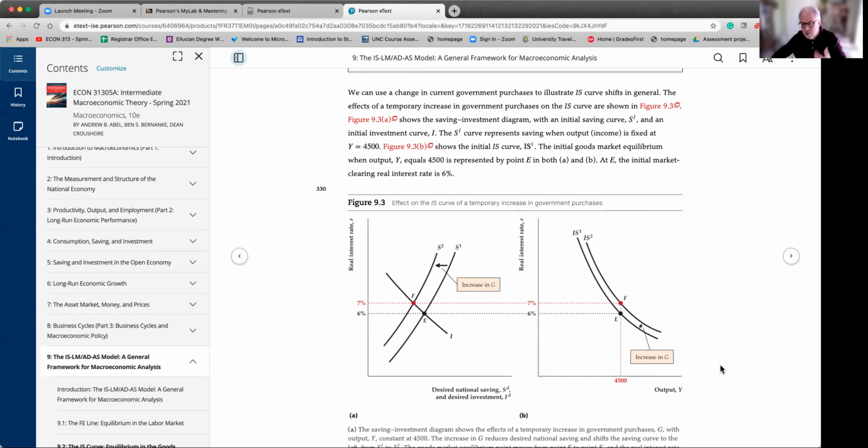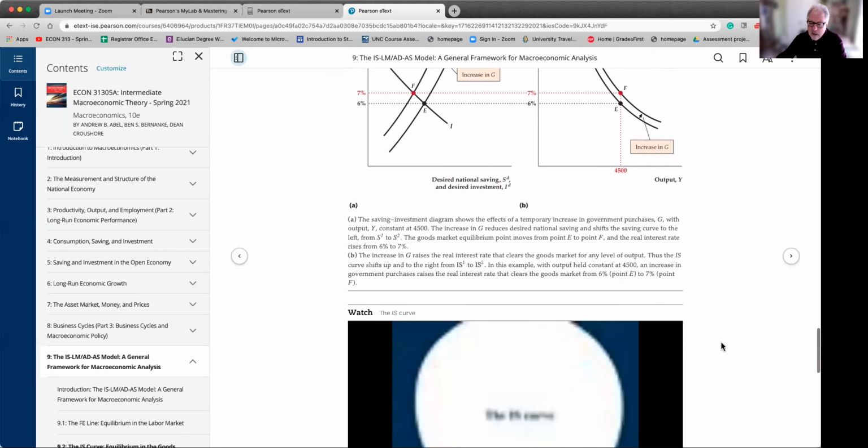And so you want to pay close attention to these parts of the chapter that deal with shifts in the curves as well. There's always a linkage back to the underlying market. You need to be able to understand that. This is the place where it happens first, and then it has implications for shifts in the IS curve.